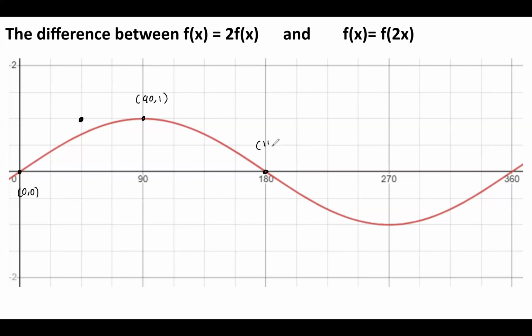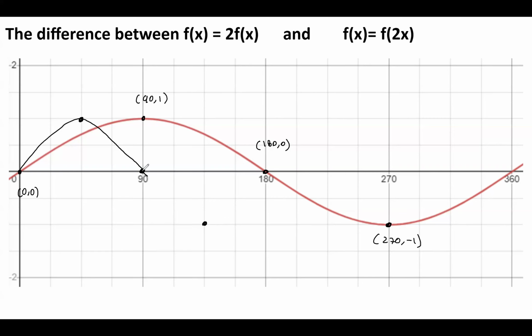So this is the coordinate 180, 0. So 180 becomes 90, and this coordinate is going to shift over here. And then this coordinate, 270, is going to become 135, because if we half 270, that's going to give us 135, so that's going to end up over here.